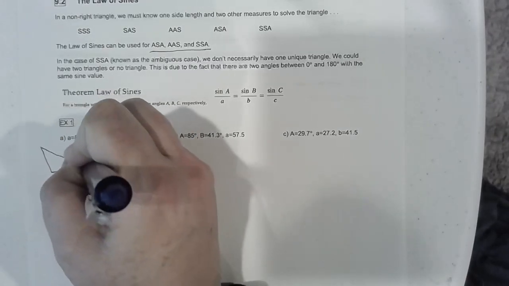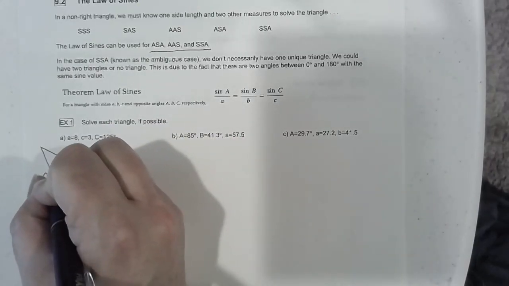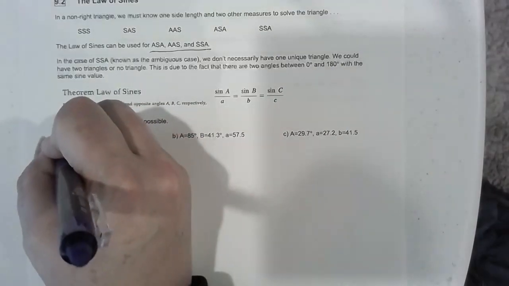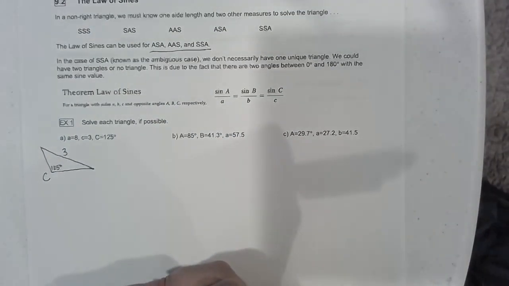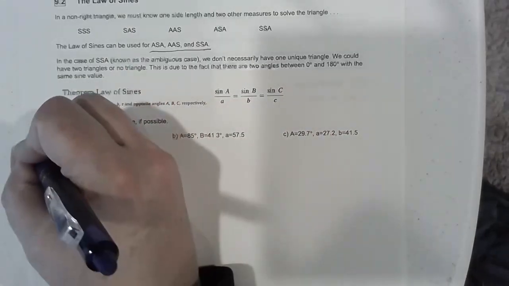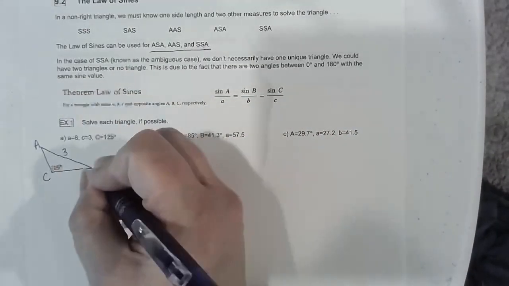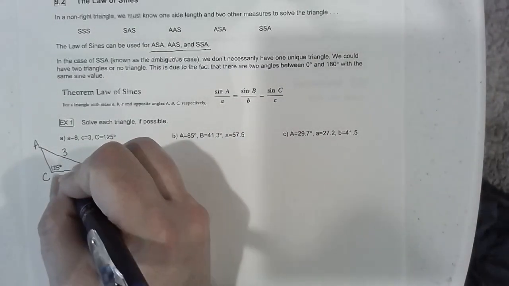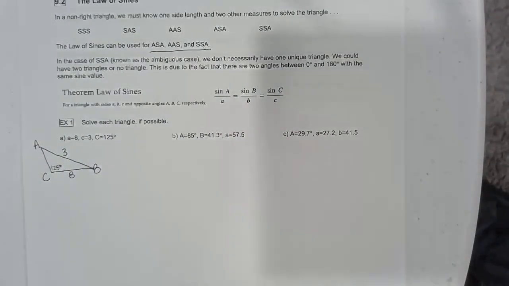So let's say I draw this guy, and if this is angle C at 125 degrees, I know that side C has to be across from that. Then it doesn't matter which one I make A and which one I make B. So let's just say that I'm going to do A, B, C this way. So that means side A would be over here.